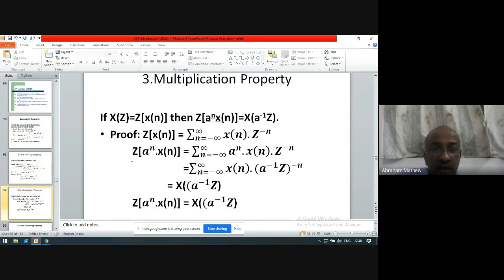Again, we can have multiplication property. If Z transform is multiplied with a power n, that is, if x of z is equal to z transform of x of n, then z transform of a power n x of n equals x of a inverse z.